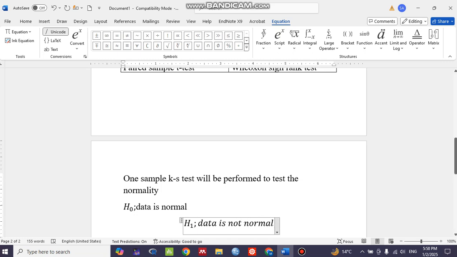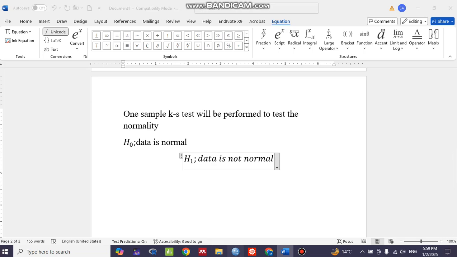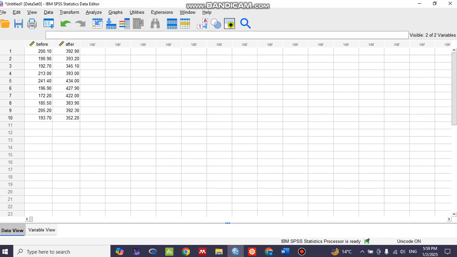So let us move to SPSS, where we have already entered the data, and you can see that these are the weights of mice before the treatment, and these are the weights of mice after the treatment. Remember that whenever we apply paired sample, we enter data in two different columns. In case of independent samples, we enter the observations in one column, and the second column is used to indicate which group the data belongs to.